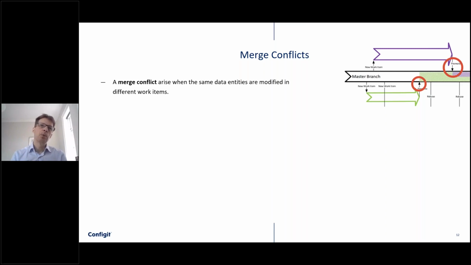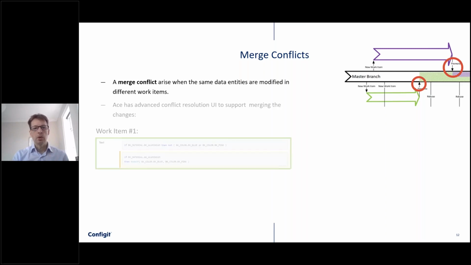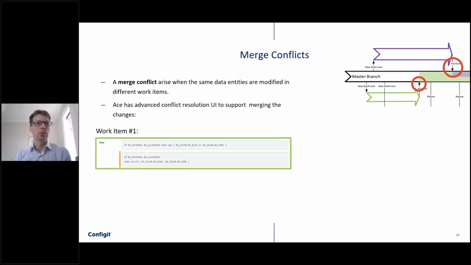And it's pretty straightforward to understand that there are chunks in the text file that you need to compare and find out what to do about. But here we're really talking about many interlinked objects in a database. So here we need to have more support in the user interface to deal with this.